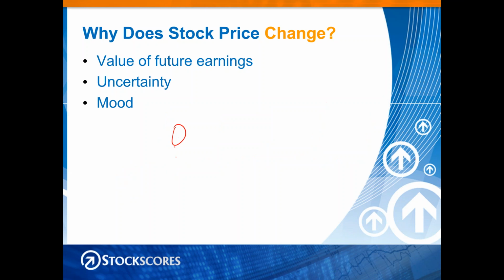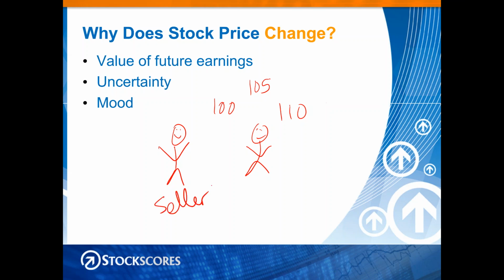Now, if I think a stock is worth $100 a share, and you, equally happy, think a stock is worth $110 a share, then if it is trading at $105, I am likely to be a seller because I think the stock is worth less than what it's trading at, and you are likely to be a buyer because you think the stock is worth more than what it's trading at.